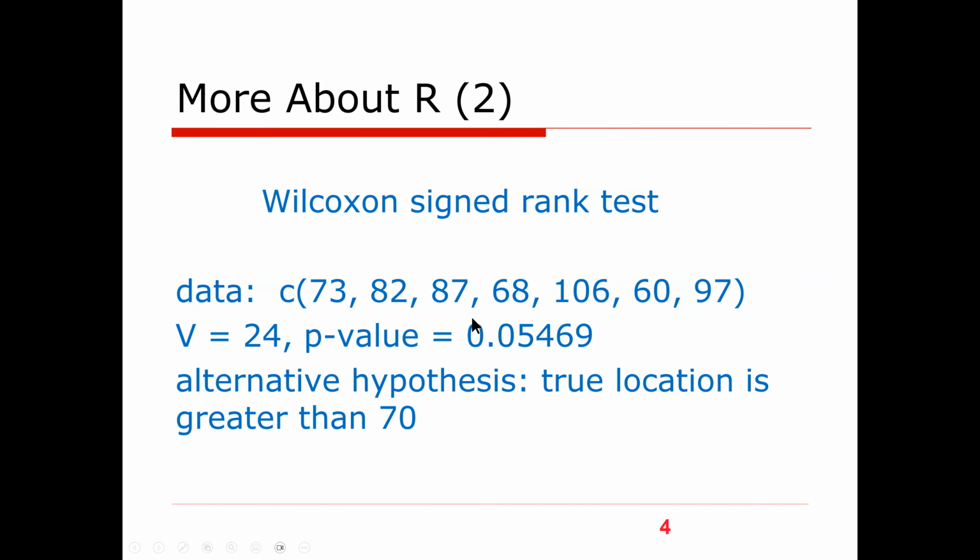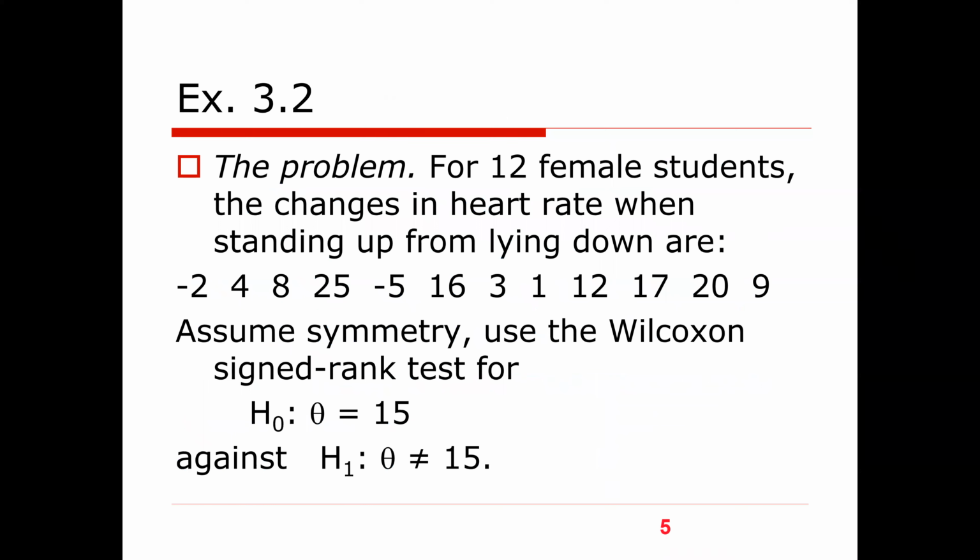So how does wilcox.test come up with this conclusion? It's actually based on the p-value and the sample size. Because it's a small sample size, it also indicates a larger sample size analysis may be appropriate. All right.